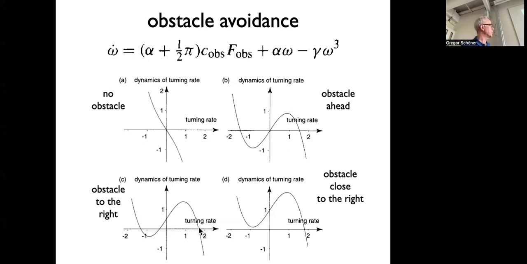The attractor for turning to the left, the positive turning rate, is stronger than the one for turning in the other direction. And if it is really close, then we don't want to have that alternative at all. We'll only have the attractor of turning around it to the left, and the other one will be gone. And there's a symmetrical case for the other side, right?